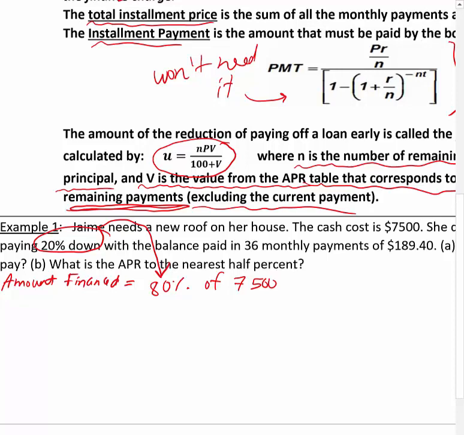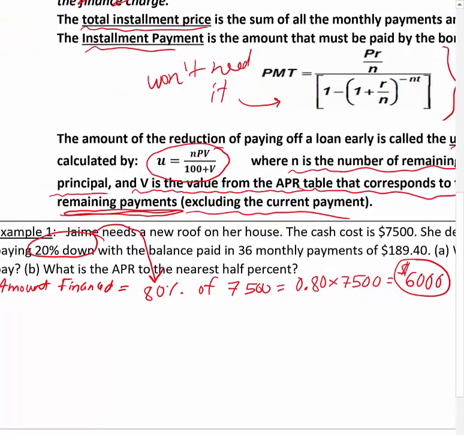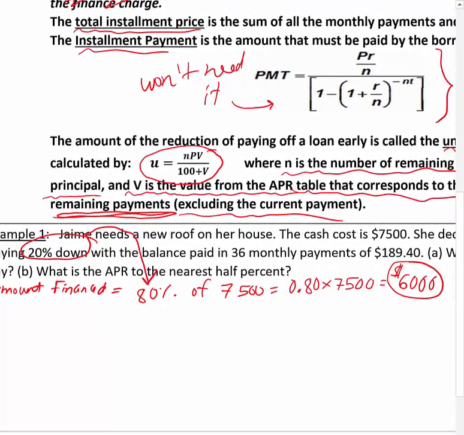So I want to know what's 80% of 7,500, and I can find that by multiplying the decimal version of 80% by 7,500, and I would get 6,000. So she didn't finance the total amount, because she already put 1,500 down, it sounds like. So she just owes 6,000. That'll be her amount financed.